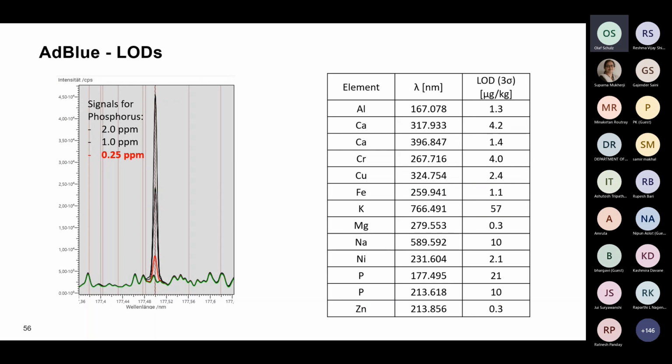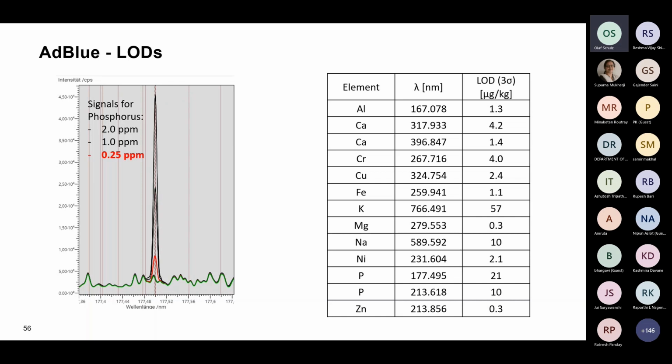Now, the limits of detection achieved agree well with the requirements to control impurity limits at a 200 to 500 microgram per kilogram level. The difficulty is the carbon content in the samples and carbon molecular interferences caused by this fact.